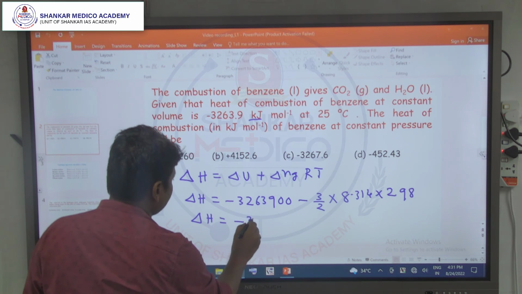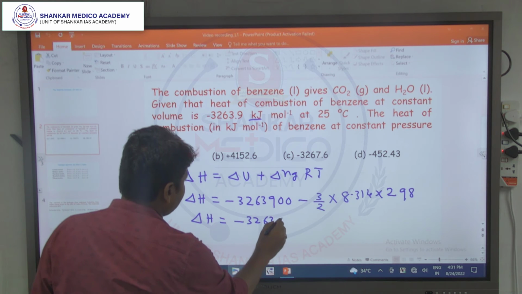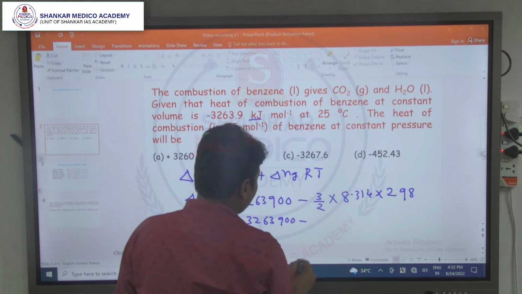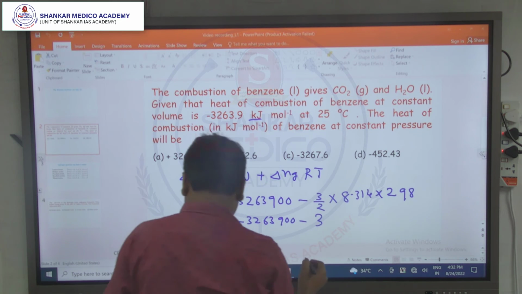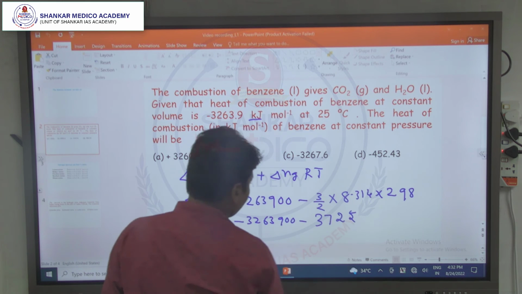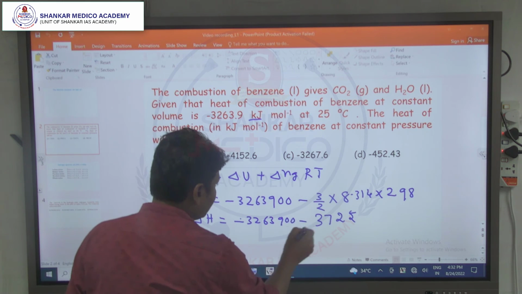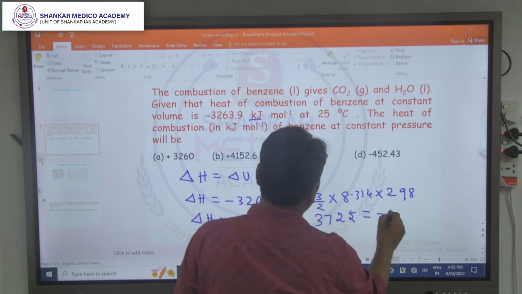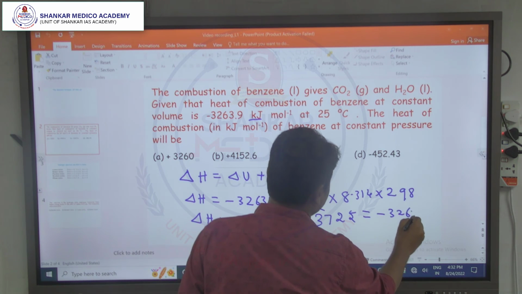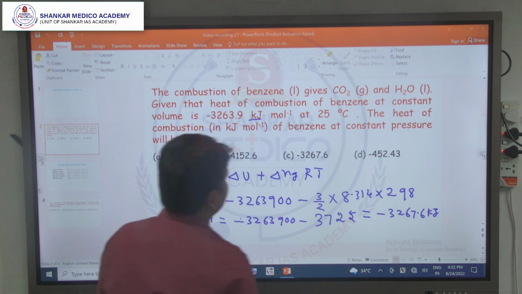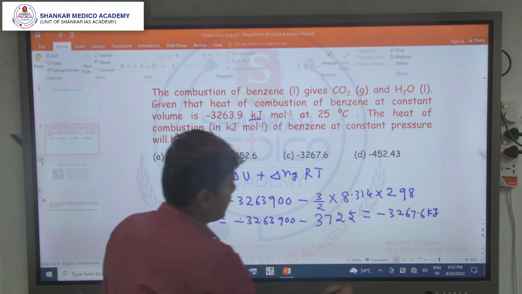So, if I cancel, then I will get 3263900. If you cancel these terms, so you will have 3725. So, this is negative term, this is also negative term. If you add, finally you will get minus 3267.6 kilojoule per mole.